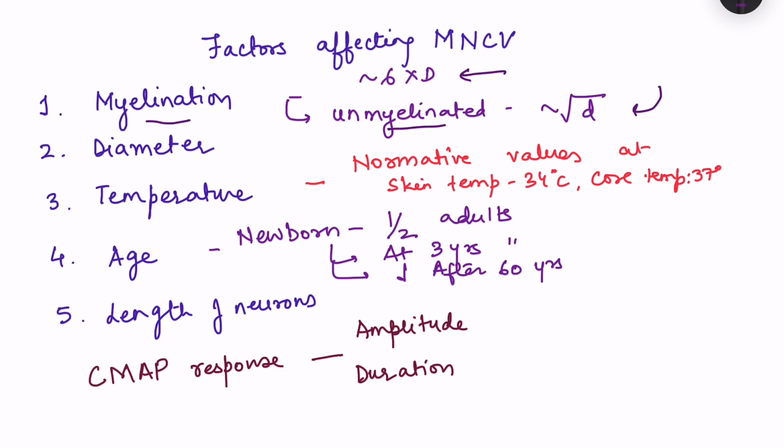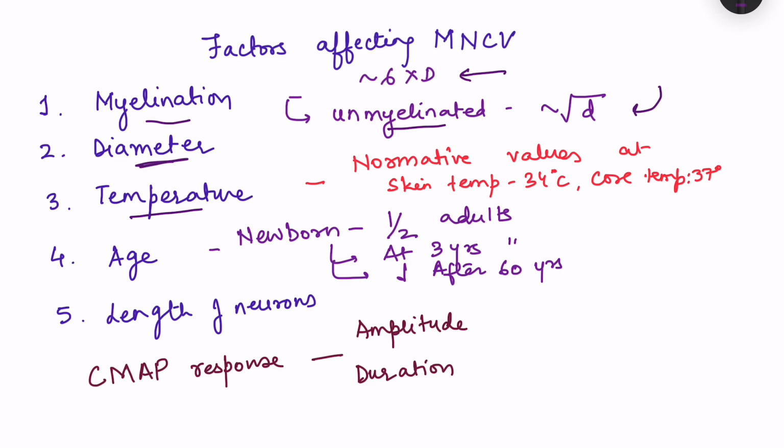So we know that myelination increases the speed of conduction of the nerve impulse. Then we have the diameter of the neuron. Yes, the larger the diameter, the larger the speed of conduction.